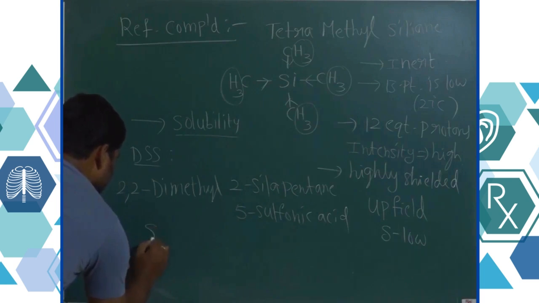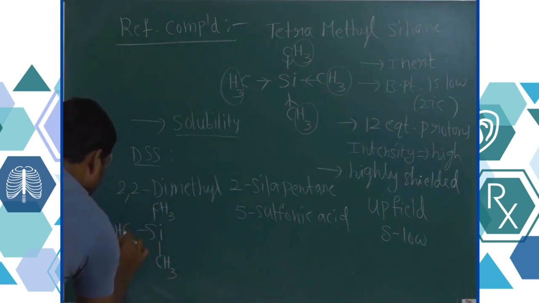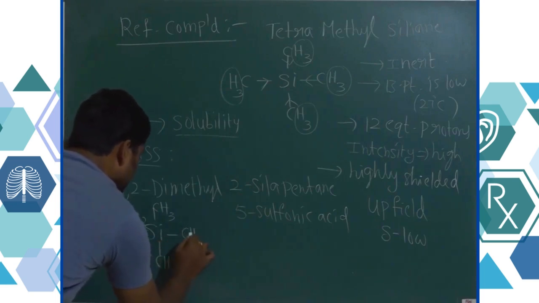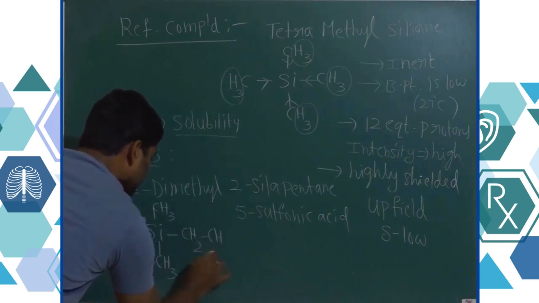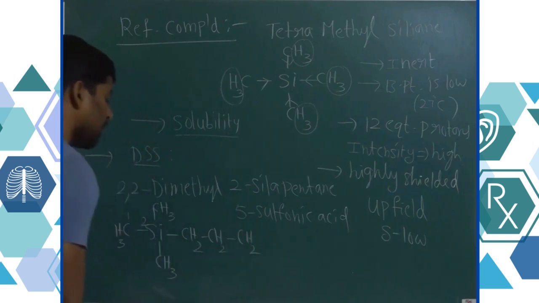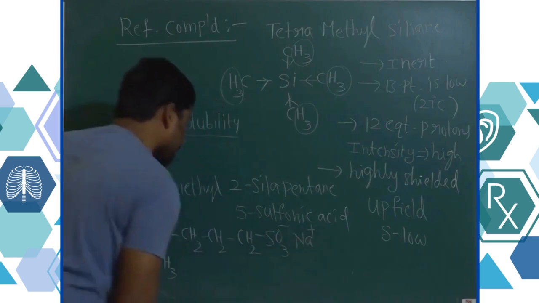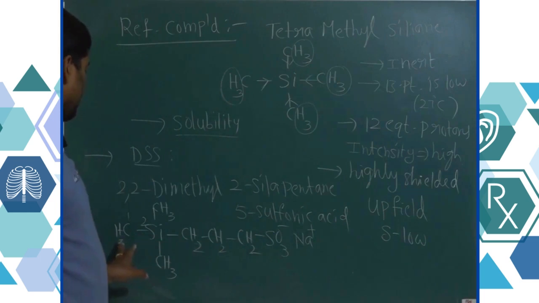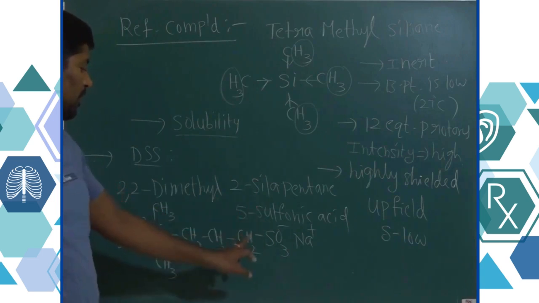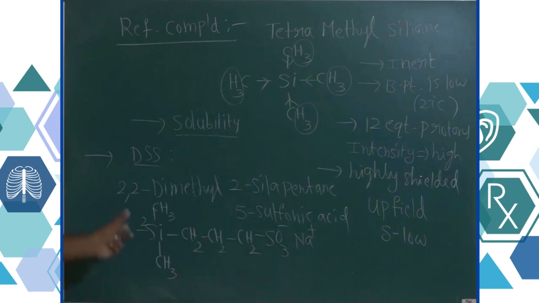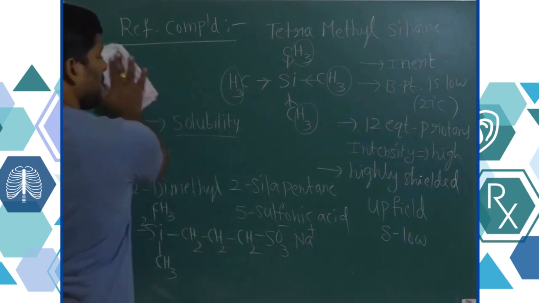The carbons are numbered 1, 2, 3, 4, 5: 2-silapentane 5-sulfonic acid, sodium salt of 2,2-dimethyl-2-silapentane-5-sulfonic acid. This we use in the case of an aqueous solvent.